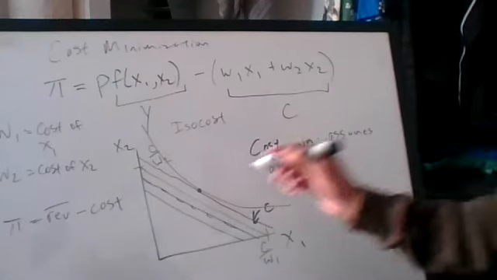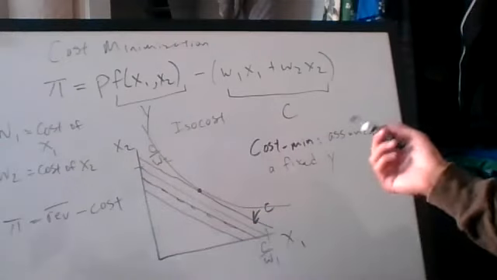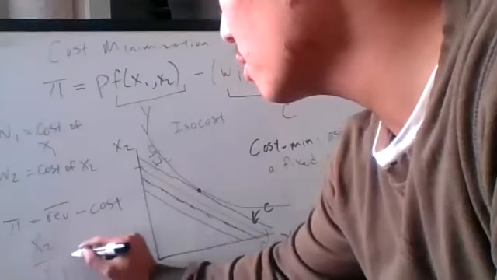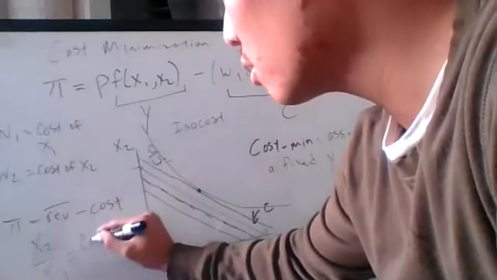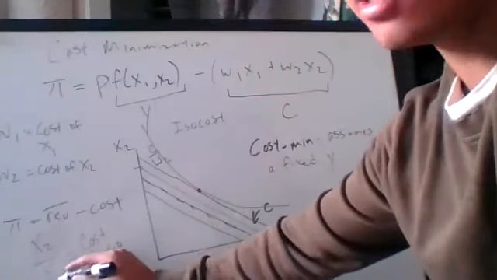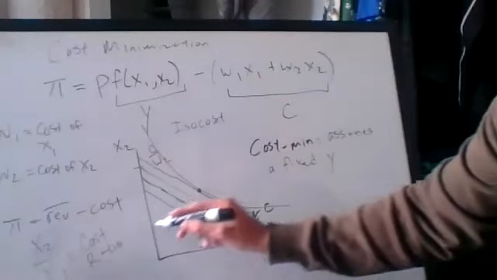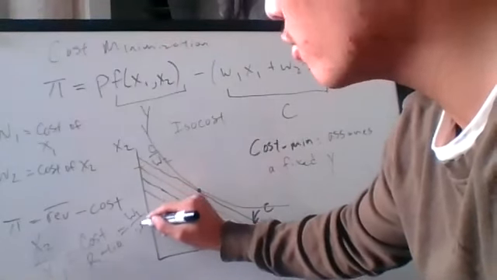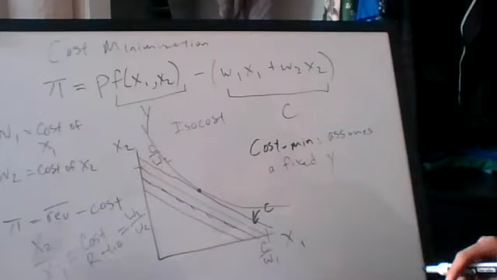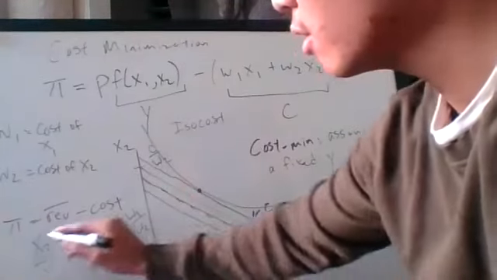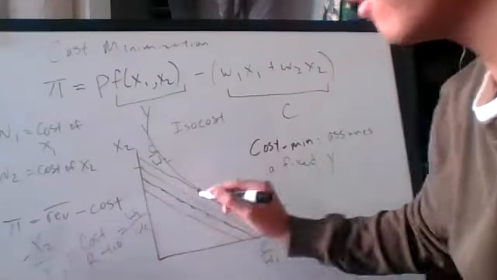We've already familiarized ourselves with tangency. If we have, say, a Cobb-Douglas production function, it's basically just going to be x2 over x1 equals the cost ratio. This right here is my TRS, and we're going to set this equal to the cost ratio, which is going to be W1 over W2.